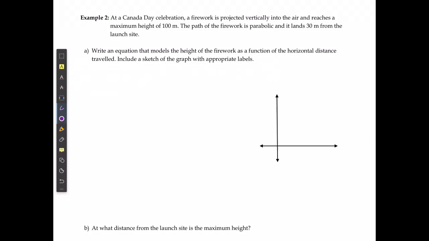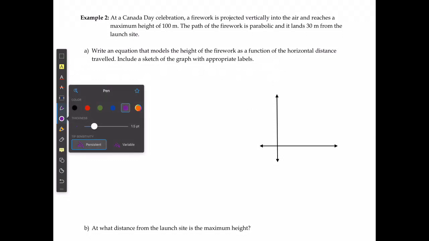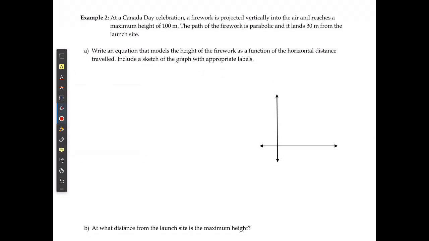Well, when I think of how this is going to launch, I'm going to say the firework is going to start at my point of origin. It says that it is going to go up in a parabolic arch, and it is going to land 30 meters from the launch site, at a distance of 30 and a height of 0.